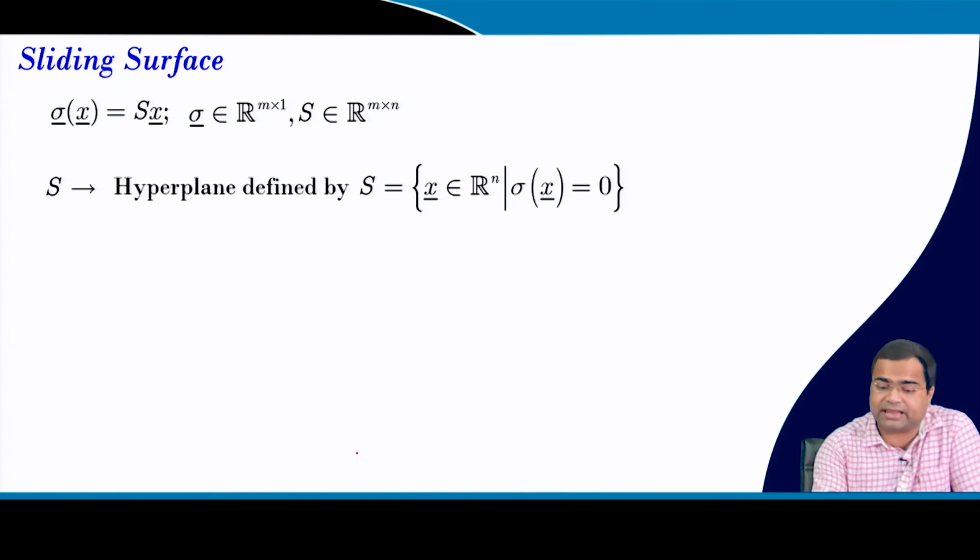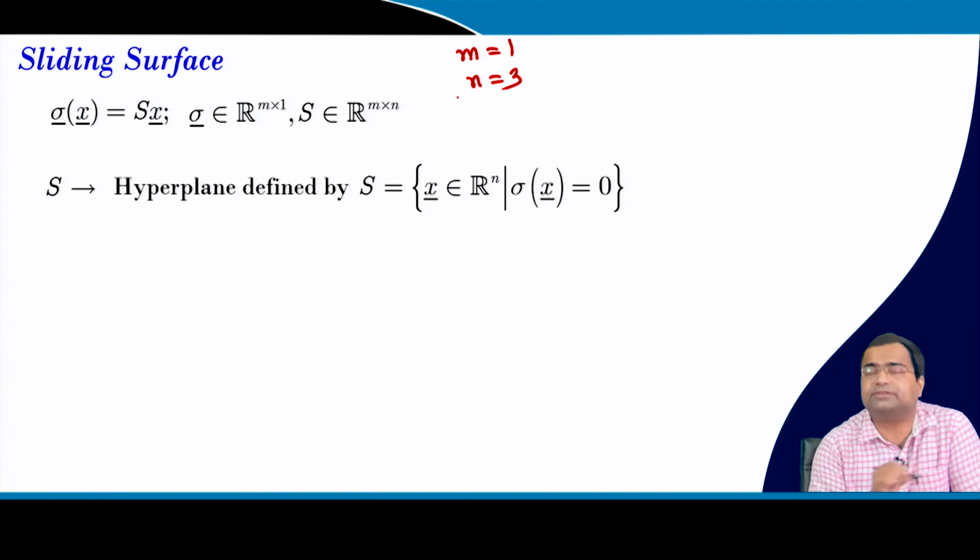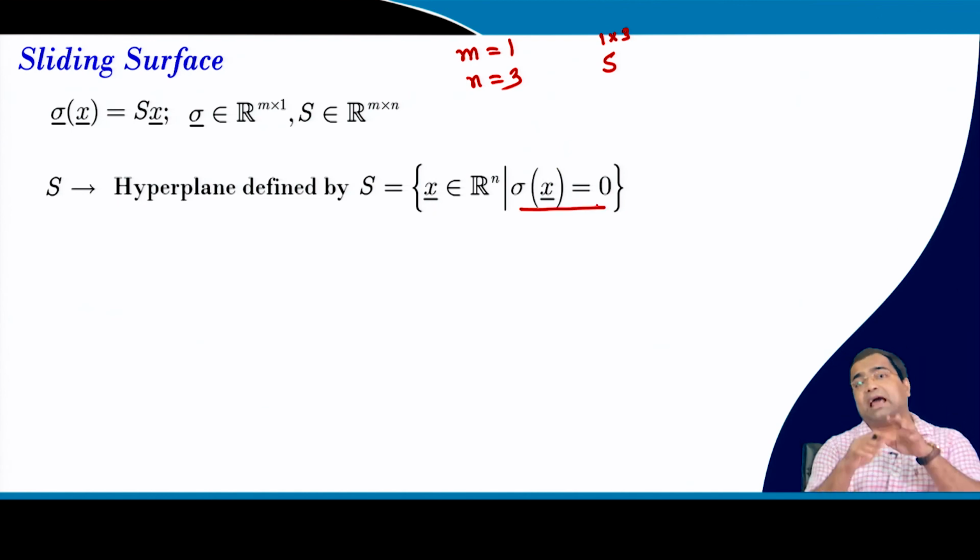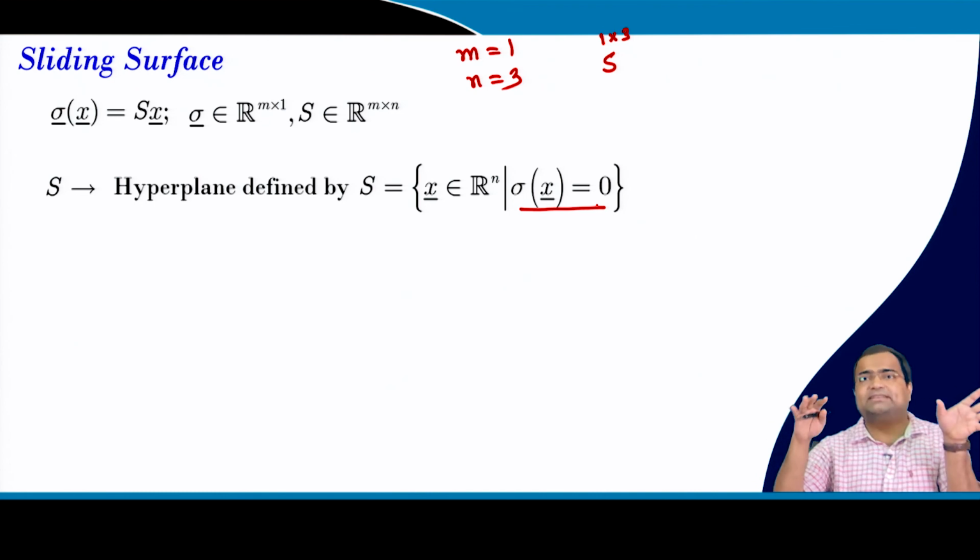If we take m equal to 1 and n equal to 3, then S dimension is 1 cross 3, which means that in the three dimensional space the motion is constant along this particular sigma x equal to 0, and it will look like a two dimensional plane.